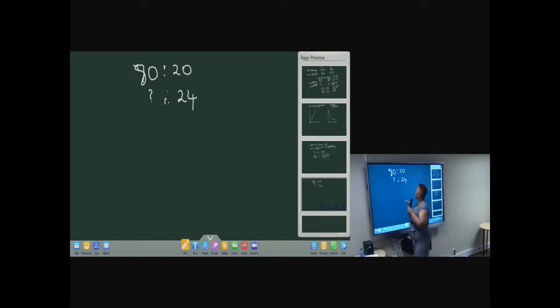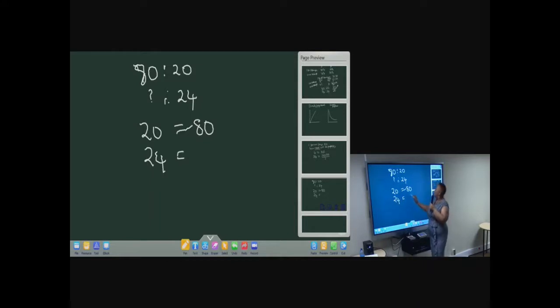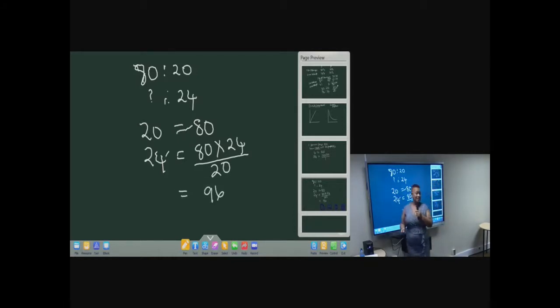Meaning, when you are writing it, you write it in such a way that the unknown is on your right. So 20 will be equal to 80, therefore 24, how much is it? I said, you take what is on your right, multiply it by what you have put at the bottom and divide it by what is at the top, and you will get your 96.